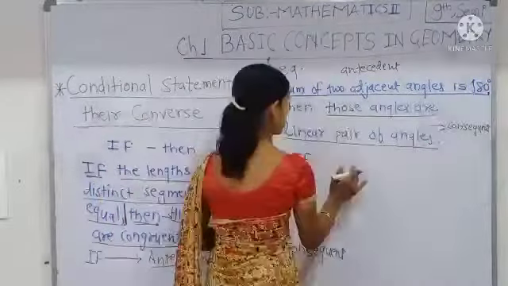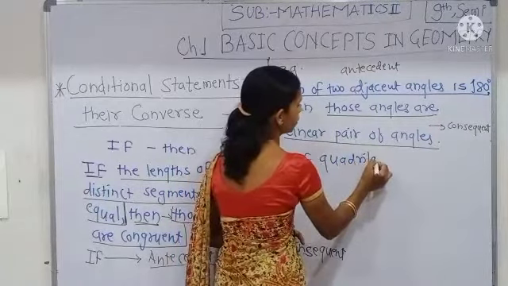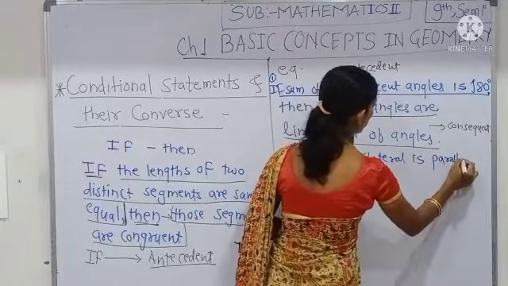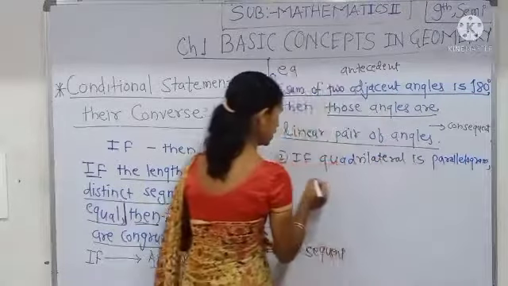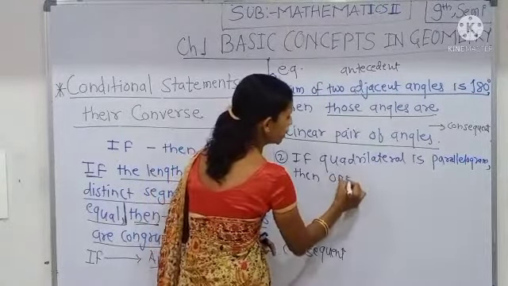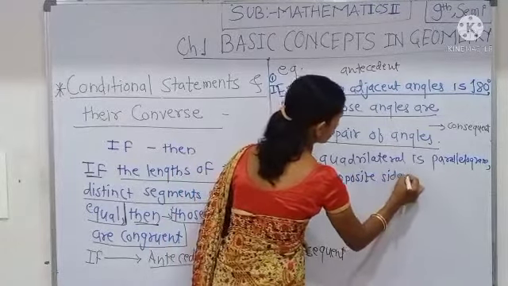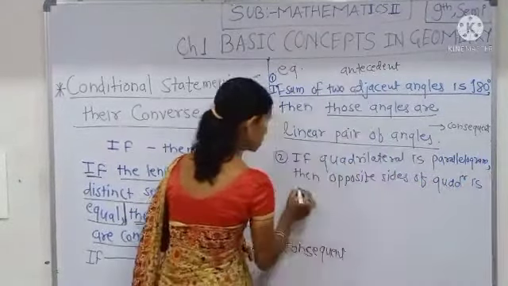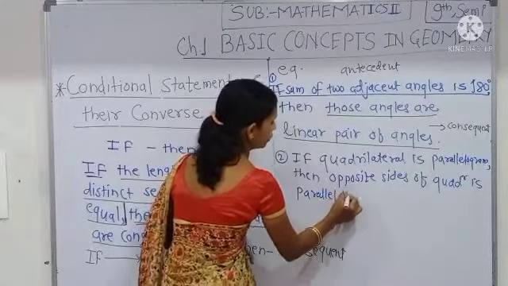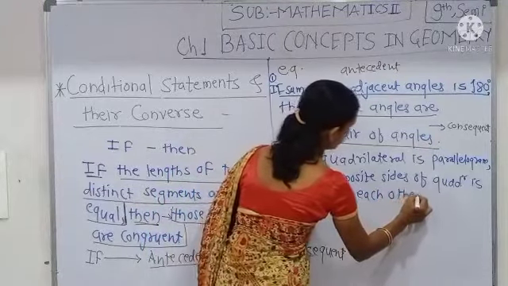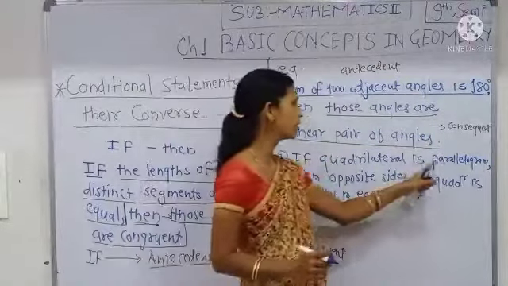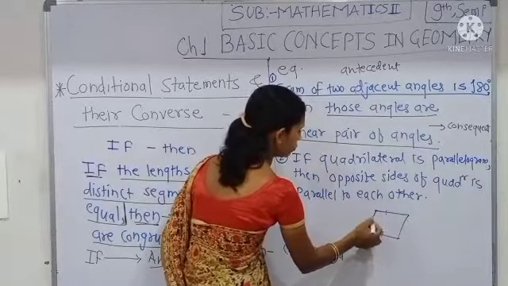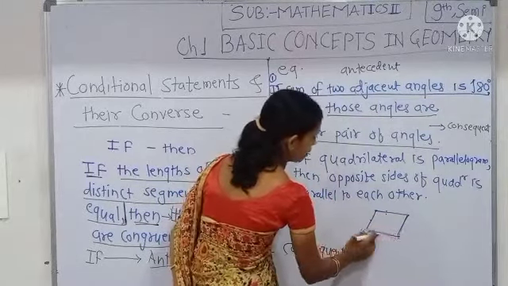The second example: if a quadrilateral is a parallelogram, then opposite sides of the quadrilateral are parallel to each other.